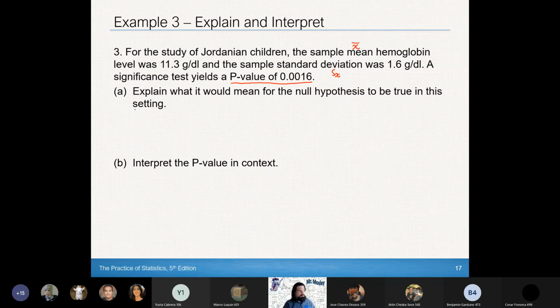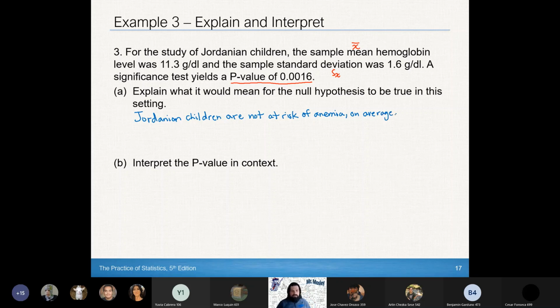So in this setting, that would mean that Jordanian children are not at risk of anemia, on average.